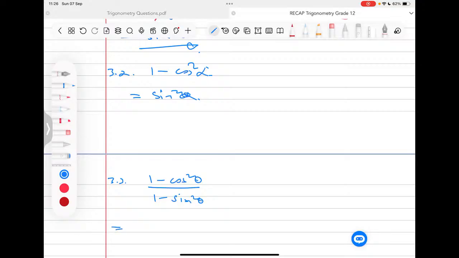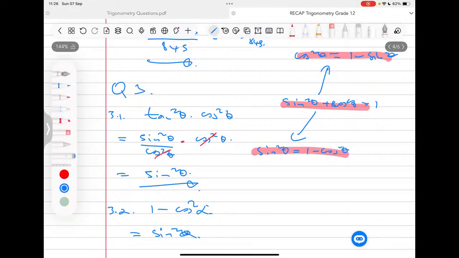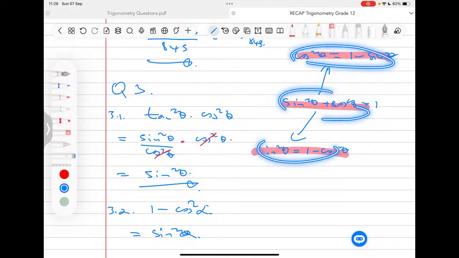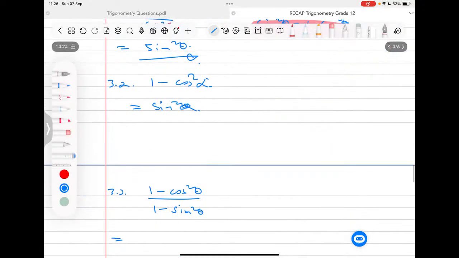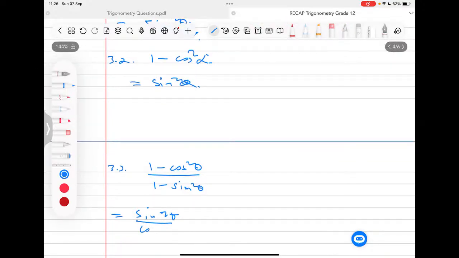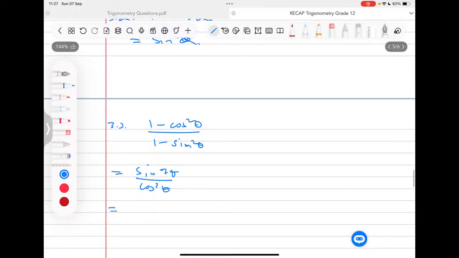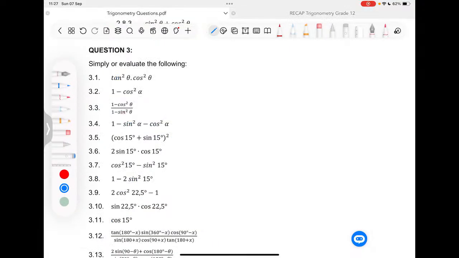Now, based on what I've been saying from the previous question here, I can clearly see that I have those identities. So this can be written as sine squared theta, and the one at the bottom can be written as cos squared theta. Right? And we can see that this is a tan squared theta, because I'm having a sine over a cos there.